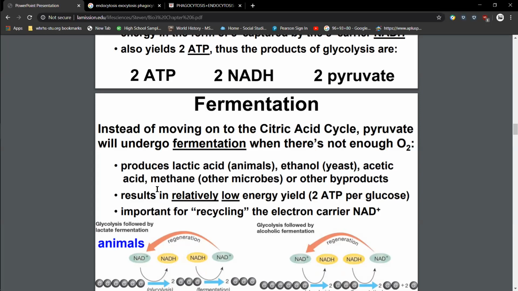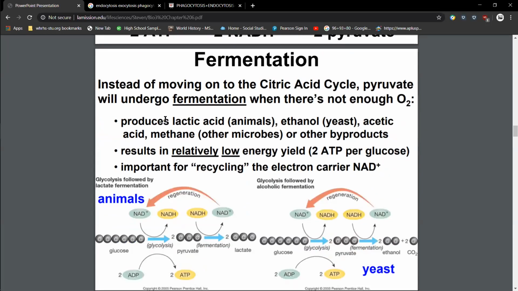There are two types: lactic acid fermentation and ethanol fermentation. Lactic acid fermentation is what we use when you're running. The muscles are starved of oxygen when you run. If you've ever run, and I'm guessing probably all of you have, you know that feeling of being really, really tired.